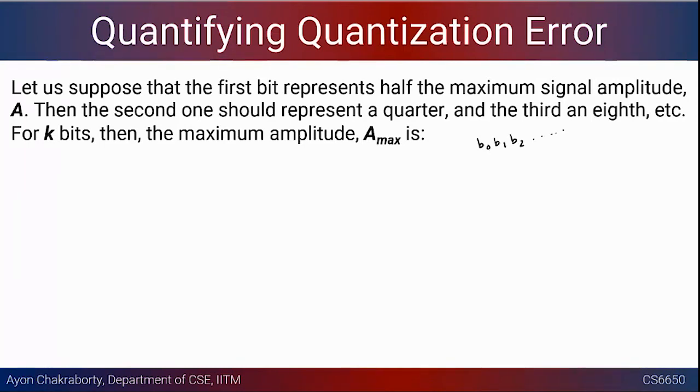If you look at the kth bit, or let's say the (k minus 1)th bit, if you have k bits, this is your most significant bit, and it is representing half the maximum signal amplitude, right?